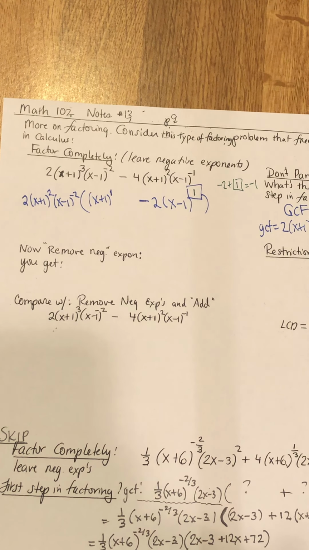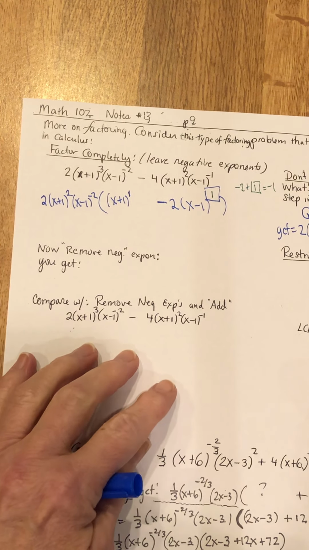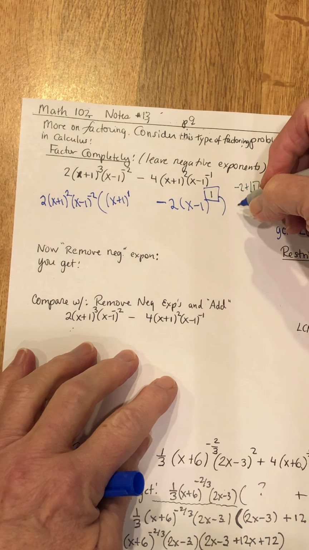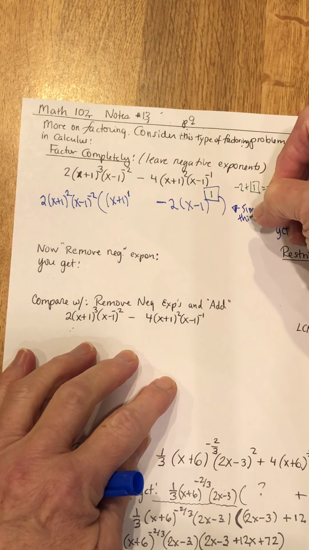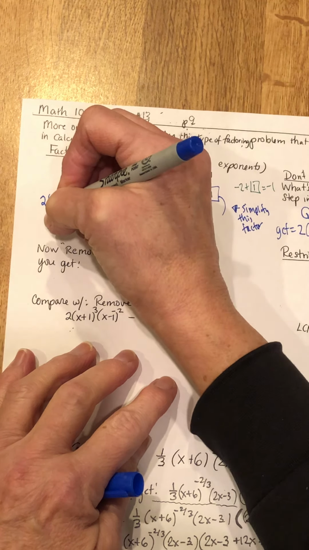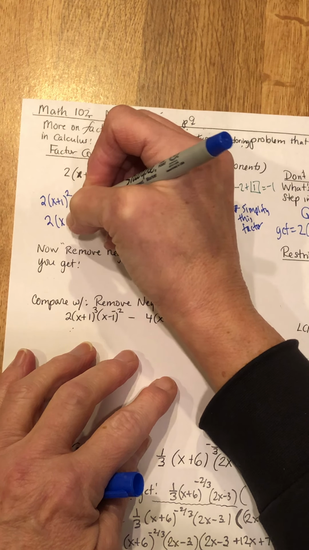All right. Now, when you come across problems like this, the back factor is a mess. Simplify this factor. Clean it up. So now I'm just copying over the GCF.